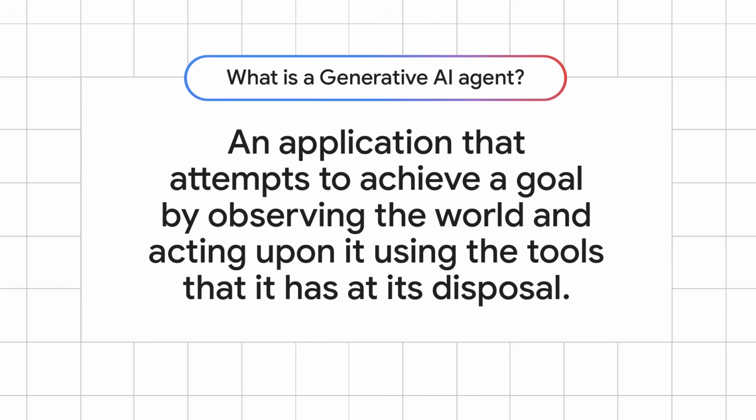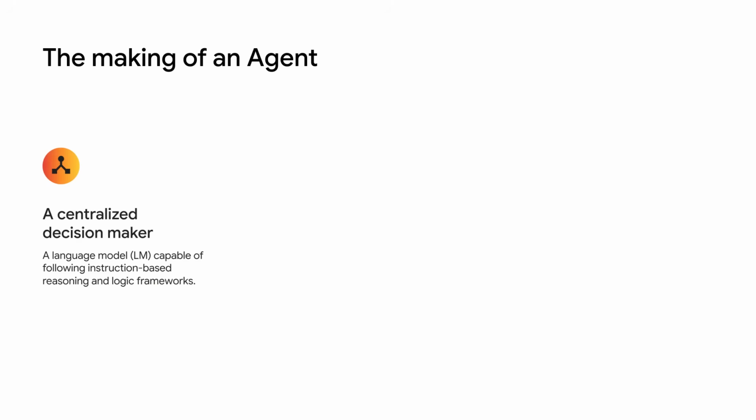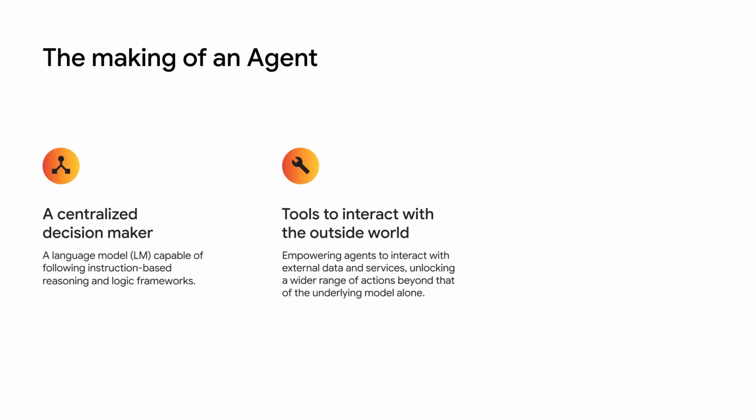What is it? An agent is an application that attempts to achieve a goal by observing the world and acting upon it, using the tools that it has at its disposal. Here's how it looks in practice. An agent is made up of three key components: a language model for reasoning, like Gemini, tools that enable it to interact with the outside world, whether that's making an API call to retrieve data or to take some kind of action.